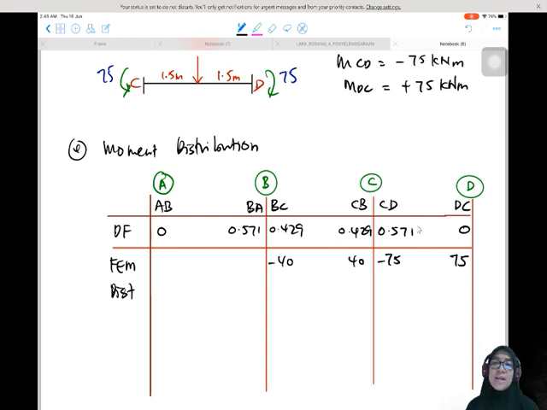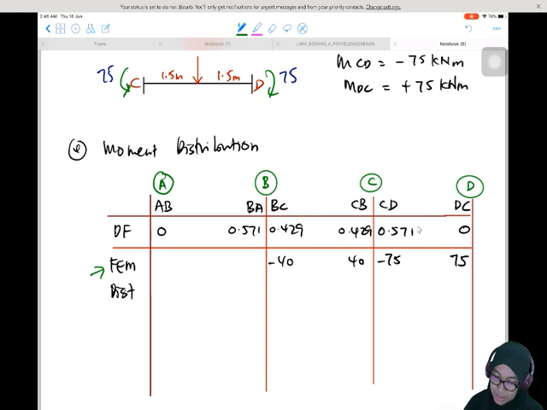And remember that the total moment at the joint is always opposite. Joint moment is always opposite with member end moment. Fixed end moment here is the first member end moment.